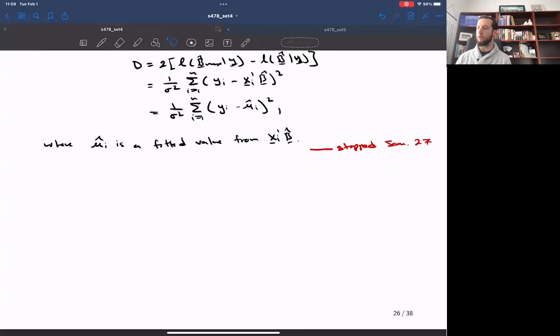The deviance is 1 over sigma squared times the sum from i equals 1 to n of (y_i minus mu hat_i) squared. So this is the general expression for the deviance in the simplest case, an expression that we can use to evaluate a normal linear model.